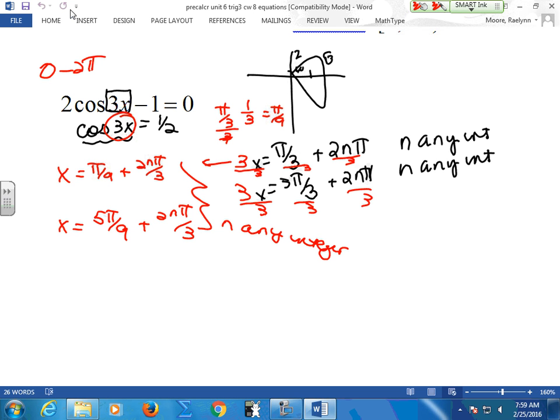The largest number. Okay. So I'm going to convert this to ninths. It's easier to convert this one too, because then you know where to stop. We counted, we know we should get 6. So this would be 18 pi over 9. You have to keep the same denominator if you want to add your fractions. So what would this be?